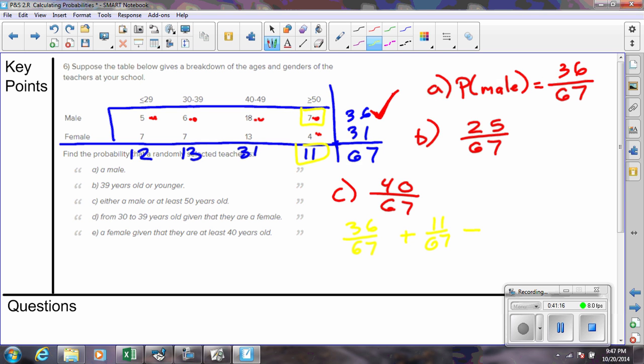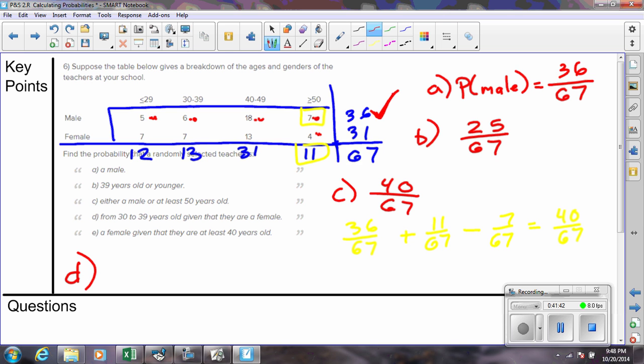Both comes from the 7. So 7 over 67. If we took 36 plus 11, that gives us 47. 47 subtract 7 is 40. And there we go. We can do it based on adding up the correct pieces in our table, or we could use the formula. Either method is correct.